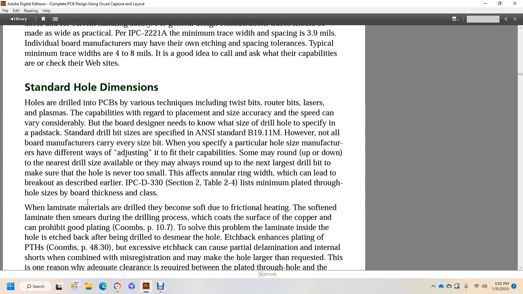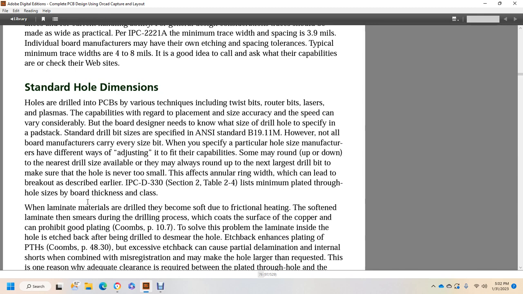Standard hole dimensions. Holes are drilled into the PCB with various techniques that include twist bits, router bits, laser, and plasma, with regard to placement accuracy and speed that can vary considerably. But the board designer needs to know what size drill the hole specified in the pad stack needs, with the standard drill bit sizes specified in ASME B94.11M. However, not all board manufacturers carry every size bit.